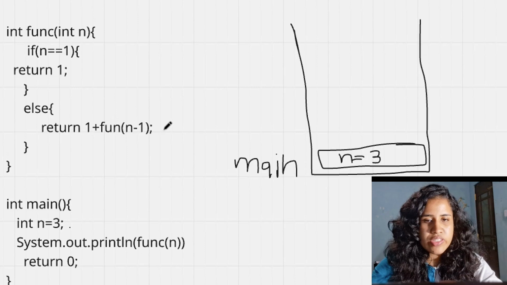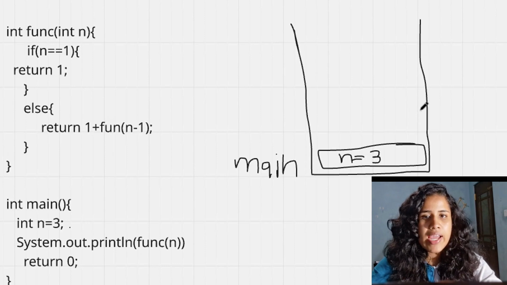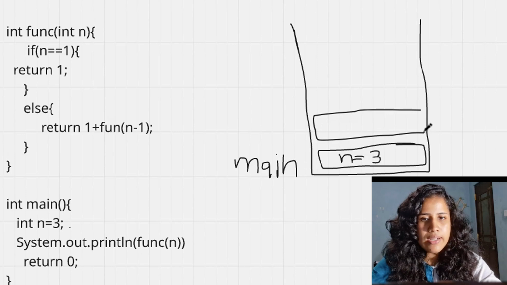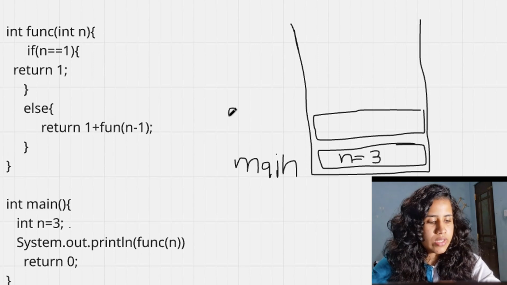When it executes the function, it goes here, and in the function, if n is equal to 1, which is not the case, it goes to the else part, return 1 plus function n minus 1.